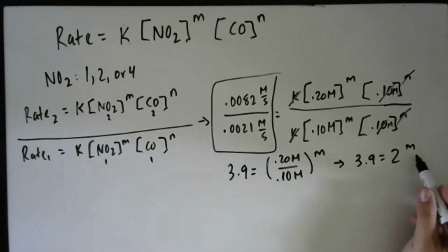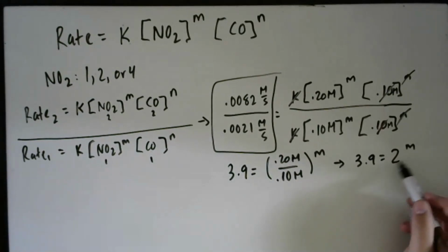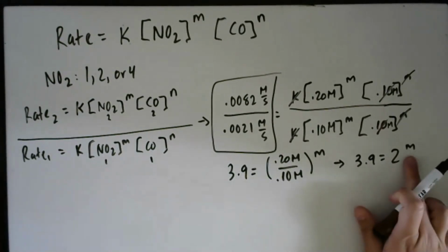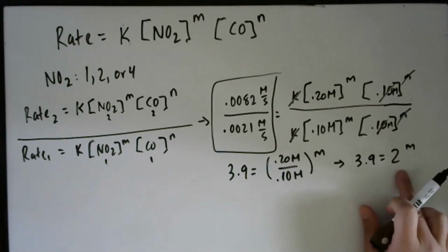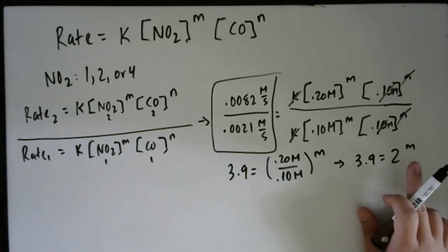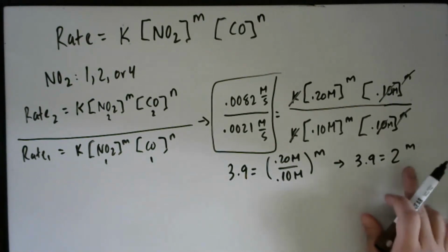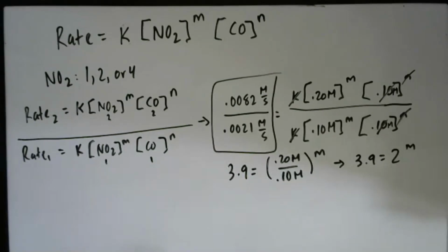Okay, and now when you have this exponent up here, we have to work on pulling the exponent off and solving for it. Some people can look at this and find it easy to solve just by looking at the relationship here, and that's fine if that's how you're going to do it. But you can use your logarithm or your natural logs to solve for the m variable.